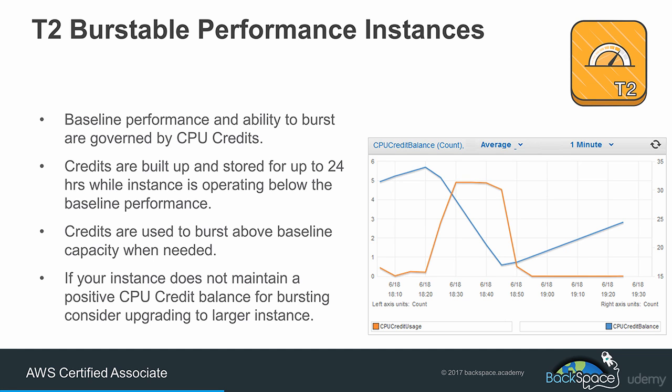You're allowed to do that provided you have CPU credits built up. CPU credits are built up and stored for up to 24 hours while that instance is operating below that baseline performance. Then, if you need to burst above that baseline capacity, you're allowed to, and you consume those CPU credits.